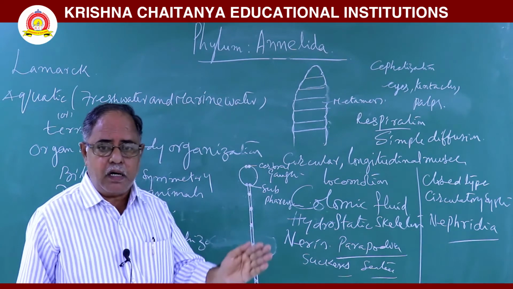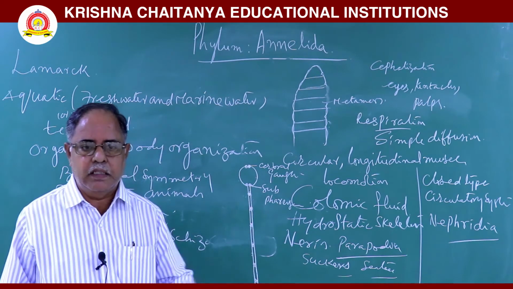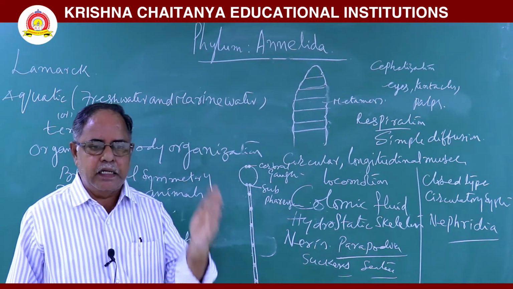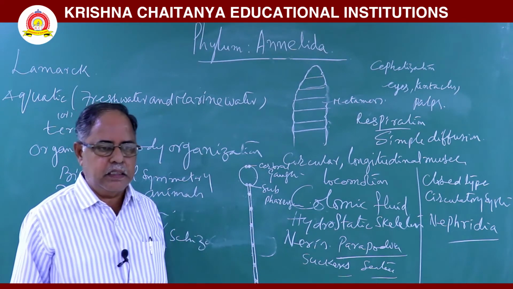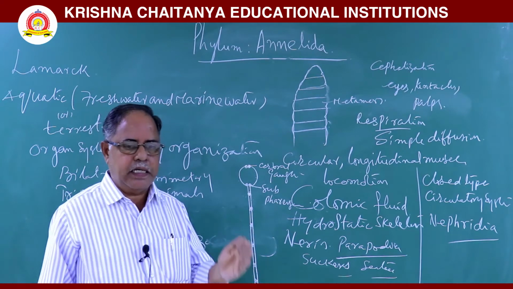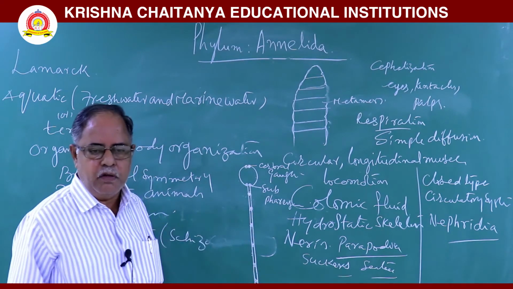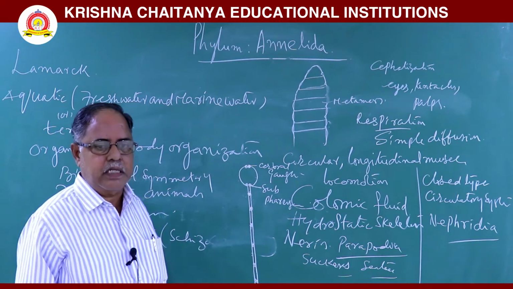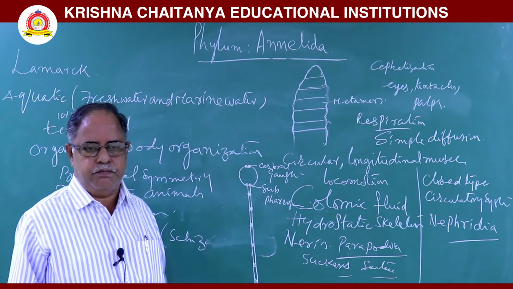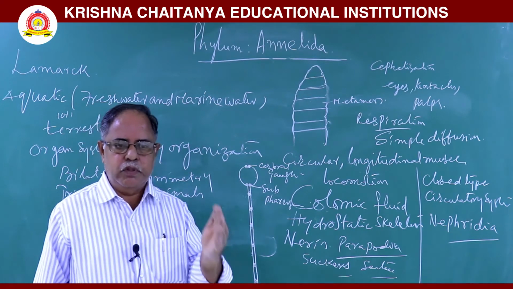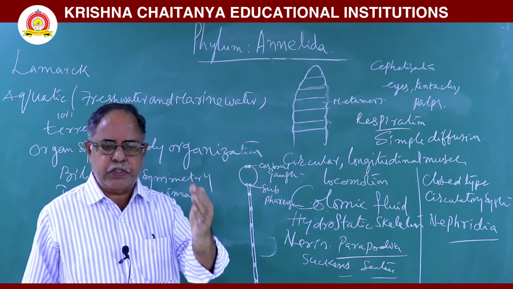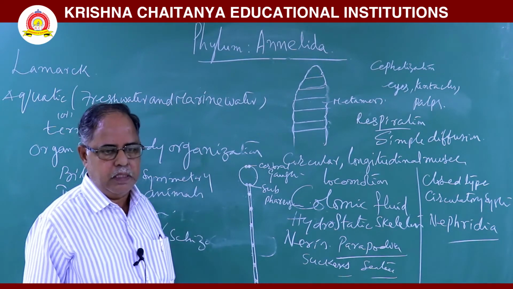Next, some are bisexual. That means in a single animal, both male and female reproductive organs are present. Those animals are called hermaphrodite or monoecious. For example, the earthworm is a monoecious, hermaphrodite or bisexual animal.